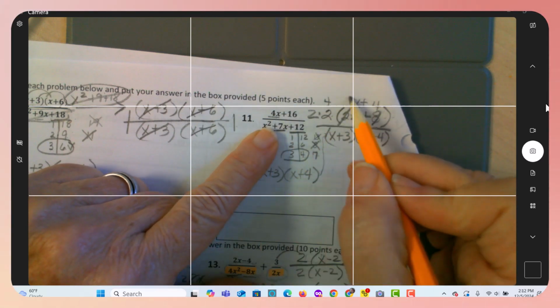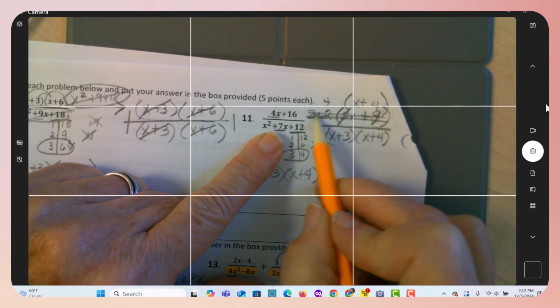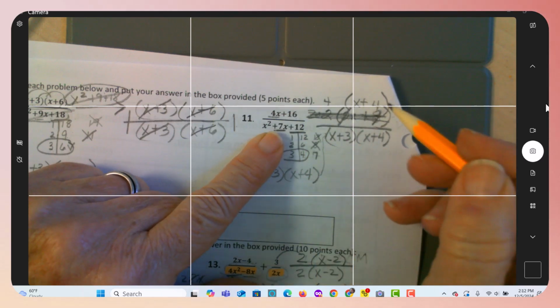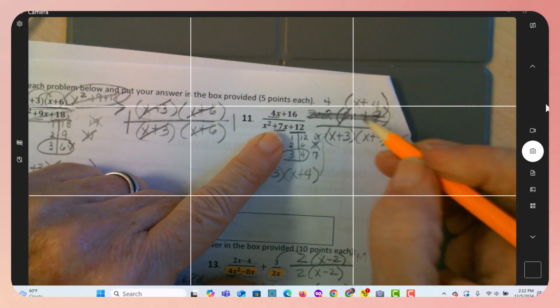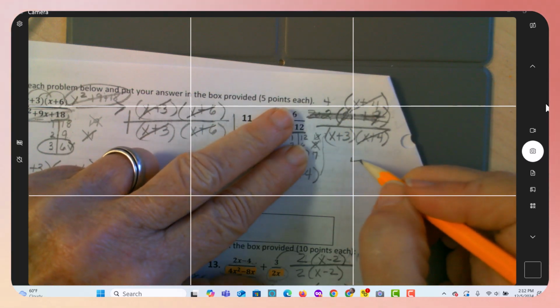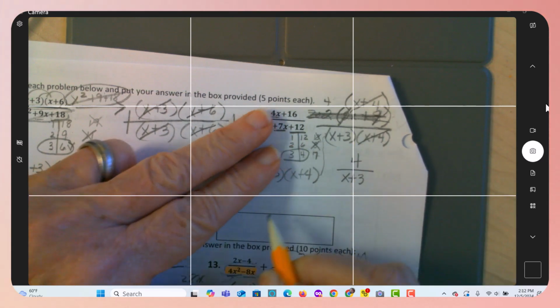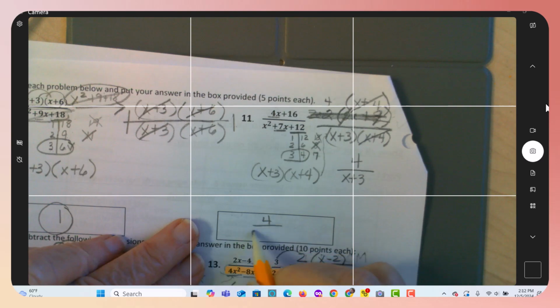Divide out 4, and you're left with x plus 4. All right, so now that we have this completely factored, I can see the x plus 4 over x plus 4 is 1. So 1 times 4 is 4, and 1 times x plus 3 is x plus 3. So it's 4 over x plus 3.